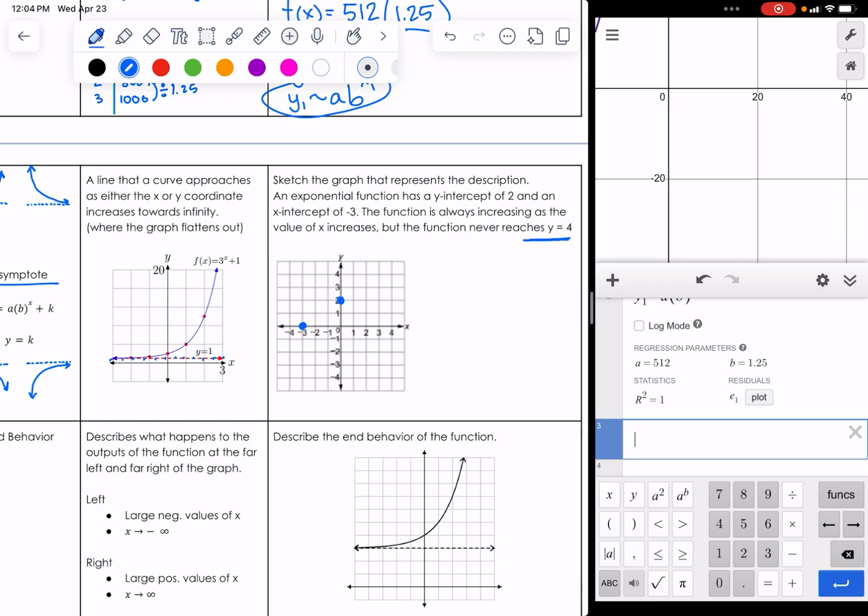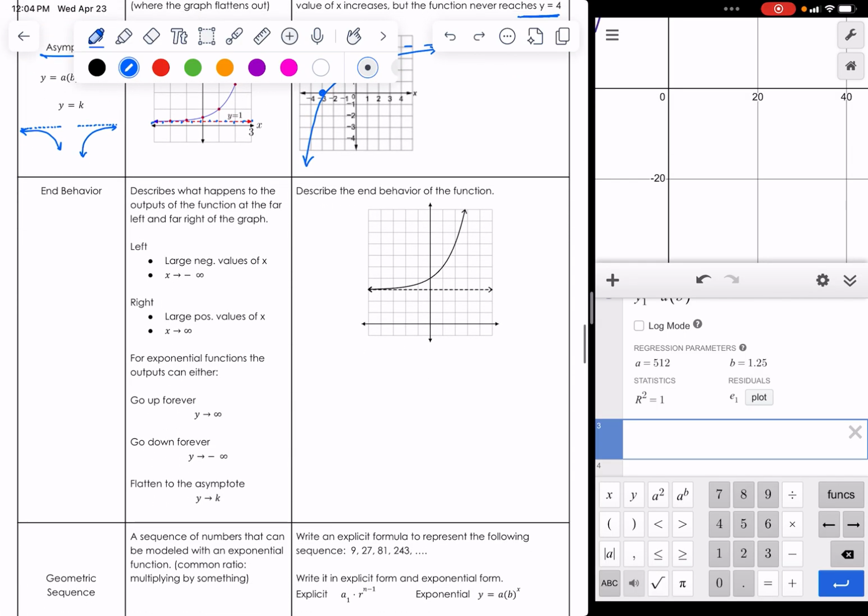So what that's telling me right there is that there's an asymptote at 4. And if it's always increasing, I'm going to have to be getting closer and closer and closer to that, but never getting to it. So this is always increasing because this is uphill everywhere we go, but it's never going to cross 4 or get to 4.